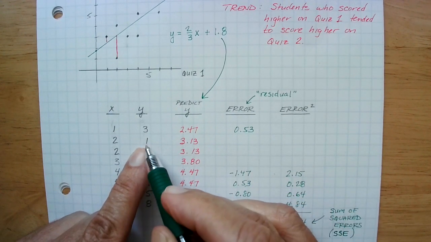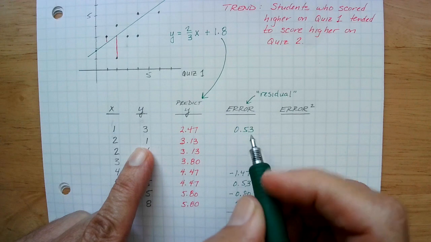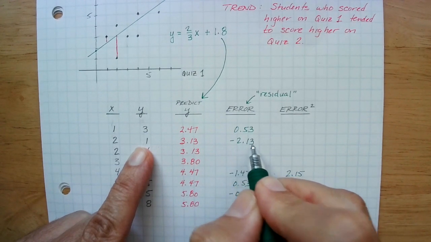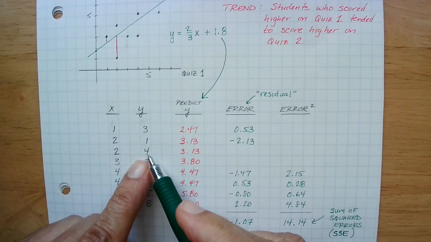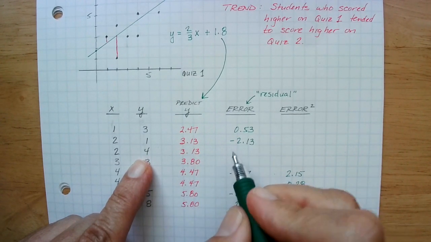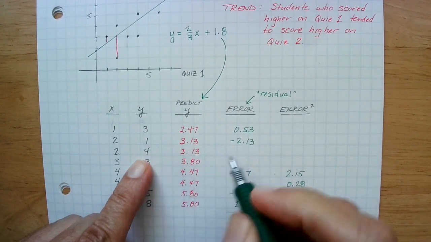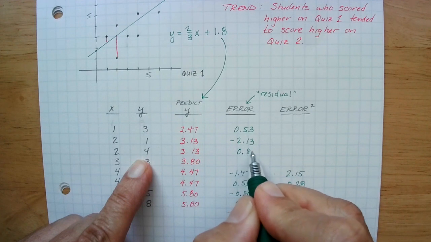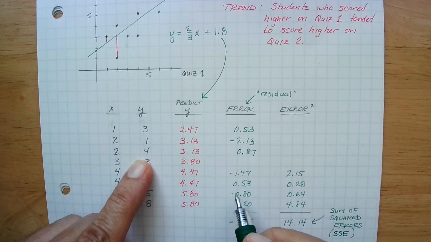And then I'd go to the next one. I've got a 1 minus 3.13, which is negative 2.13. The next one, y should have been 4, but my prediction was 3.13. So 4 minus 3.13 is 0.87.